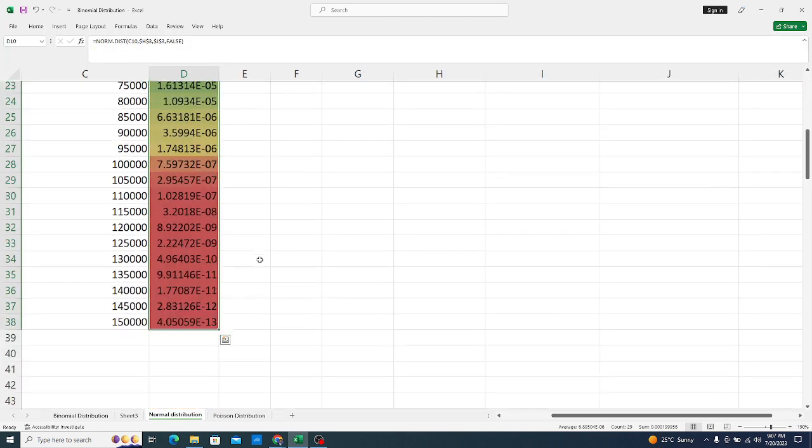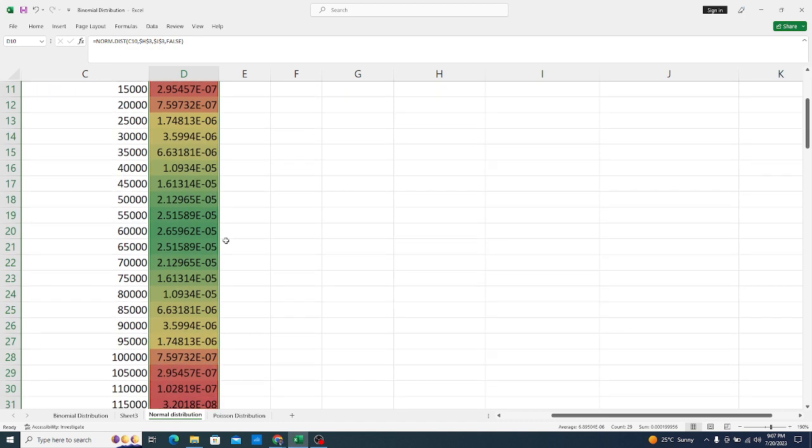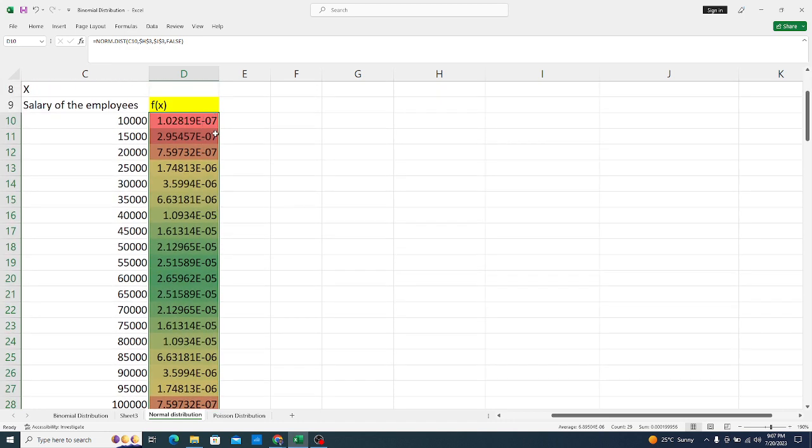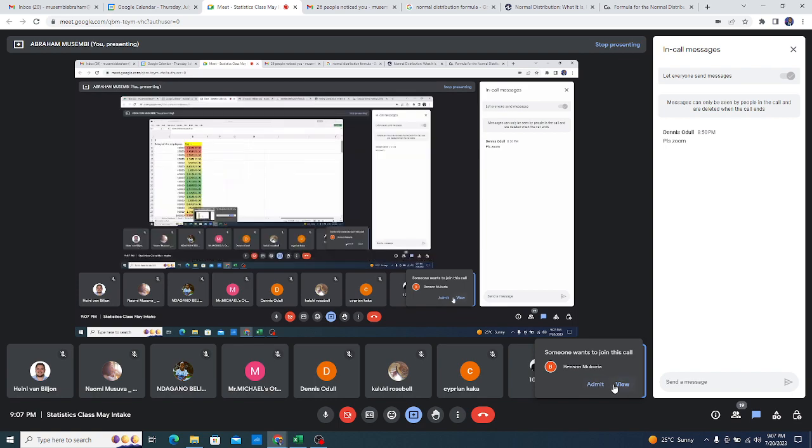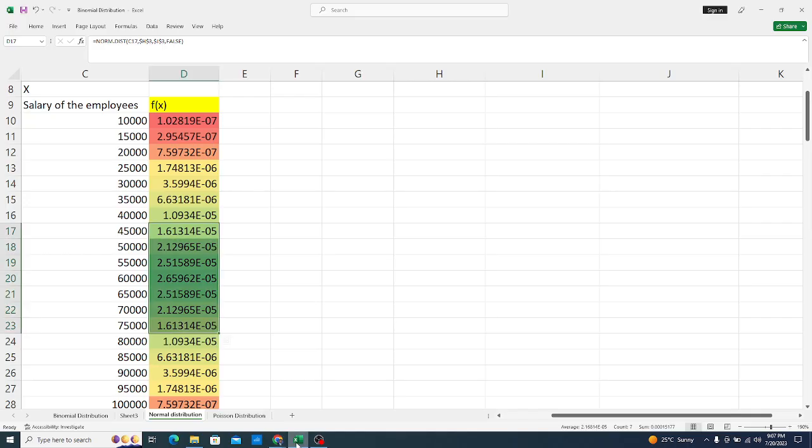Okay, so I'm going from the smallest to the largest. You can see our probabilities. Let me admit someone. Yes, you can see our salary, or our probabilities are high where we are having our average salary.